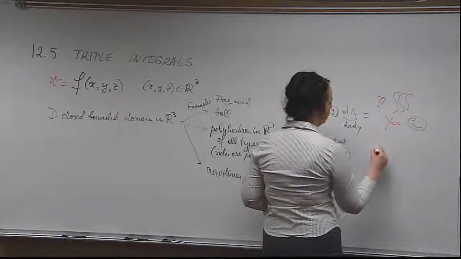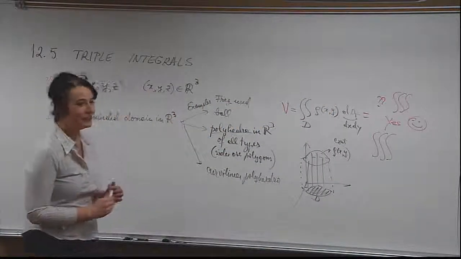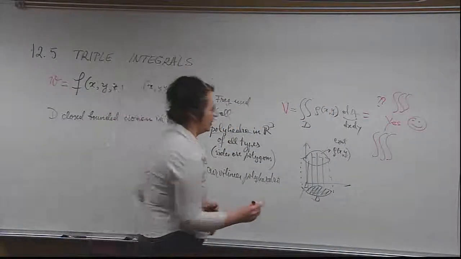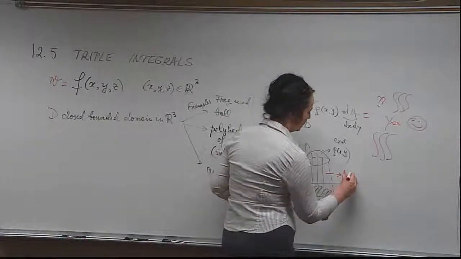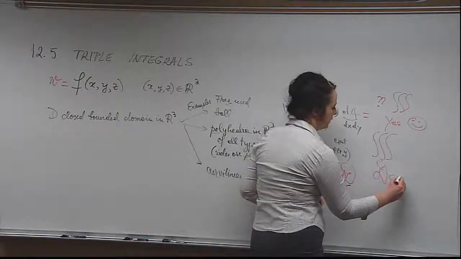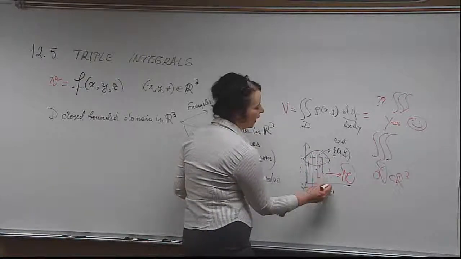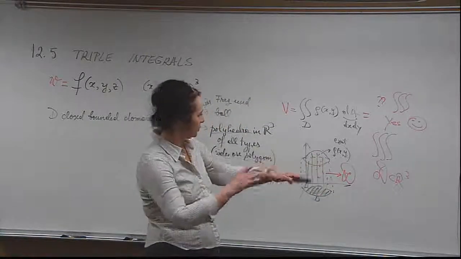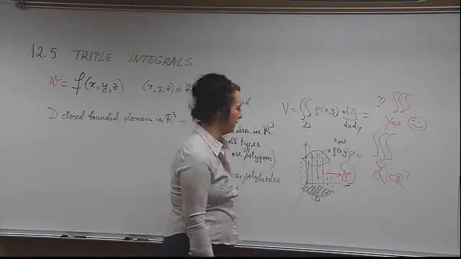And the way I'm going to define that will be a triple integral over a 3D domain. Let's call it curvilinear D in R3, which is the volume, the body under the graph of this positive function and above the projected area in the plane.